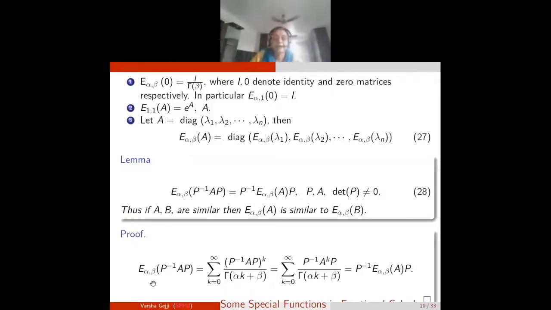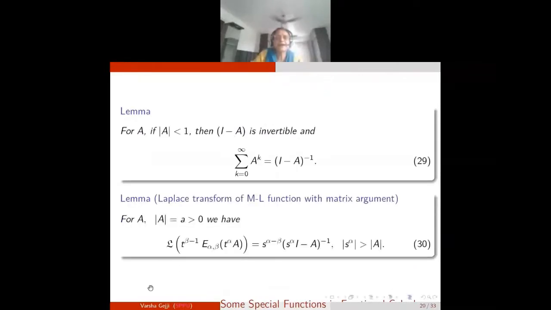So this shows that when you do this exponentiation, the properties of the exponentiated matrix are related to the eigenvalues of that matrix, and the Mittag-Leffler exponentiation, you can say, of that eigenvalue.